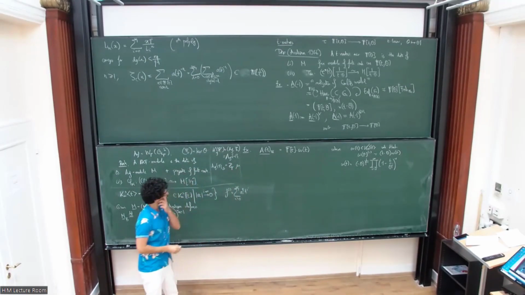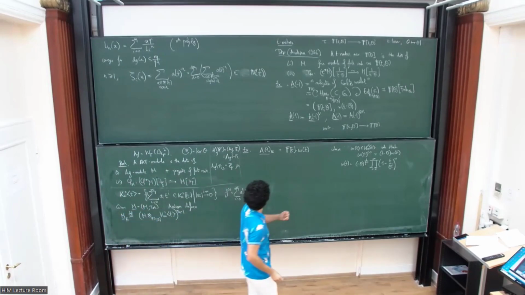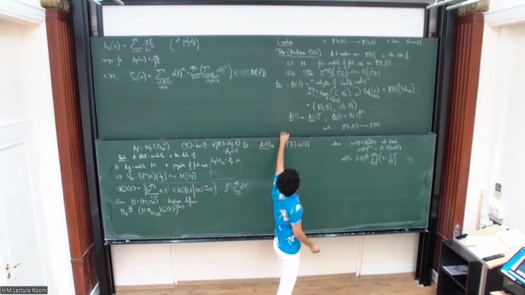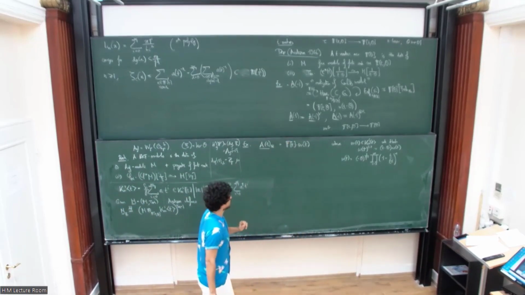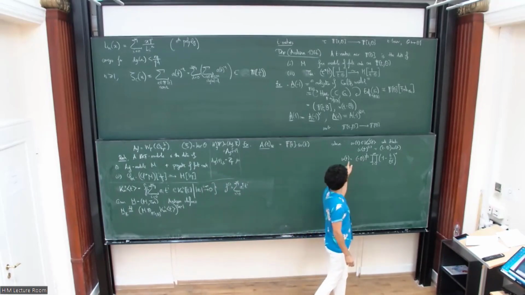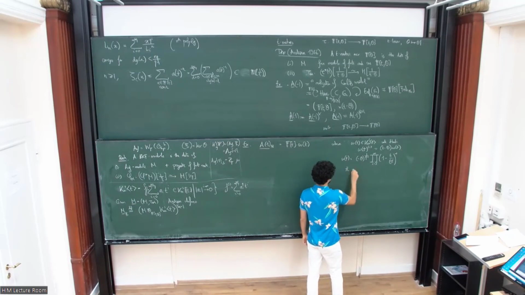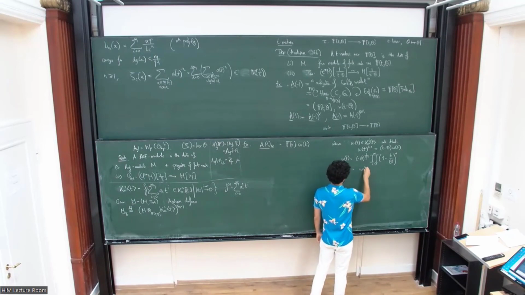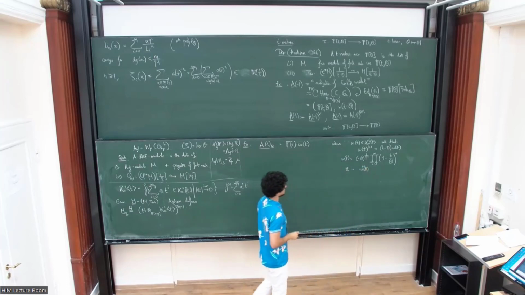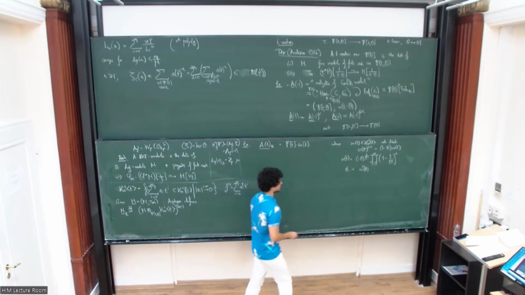And I said I would give a formula for pi tilde, the Carlitz period. So pi tilde, the Carlitz period, is defined as follows: you first twist omega and then apply t equals theta. So this is the Carlitz period.